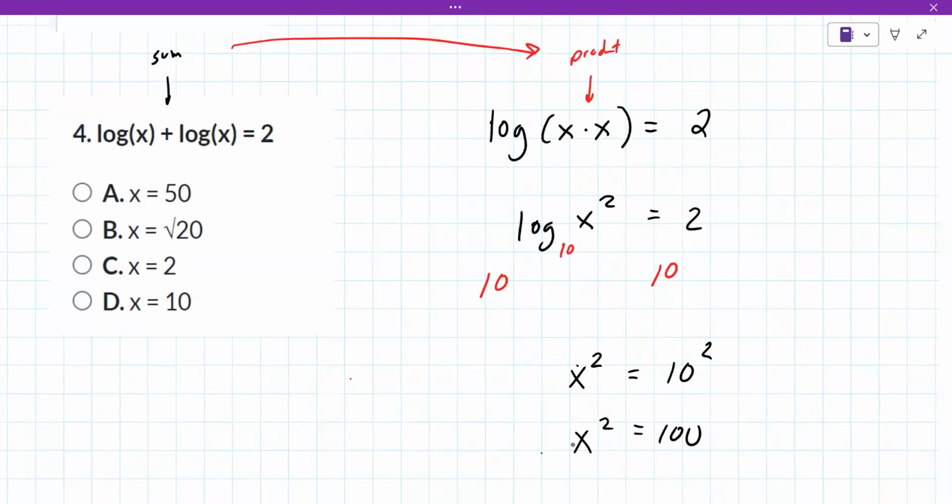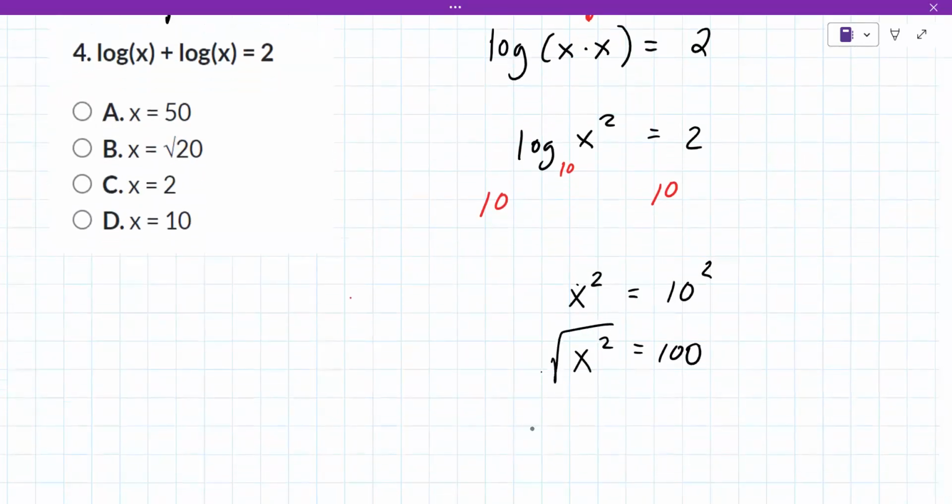So the answer would be like, wait, we're on number 4. Yeah, we need to undo the square. Do you remember how to do that? I think so. I mean, when we're undoing the square, we have to square root everything, obviously.